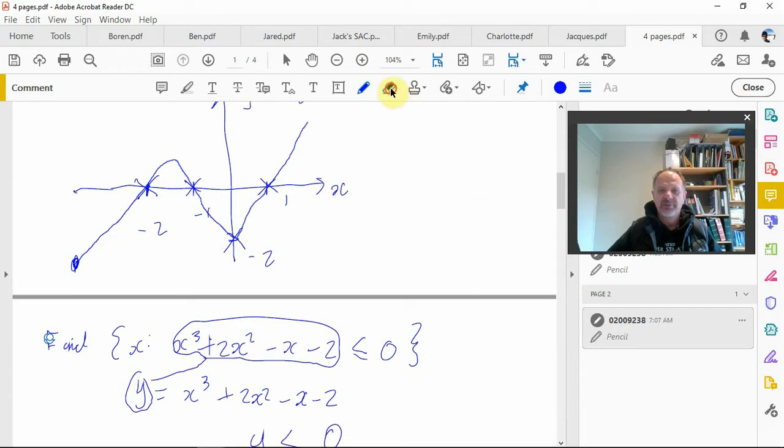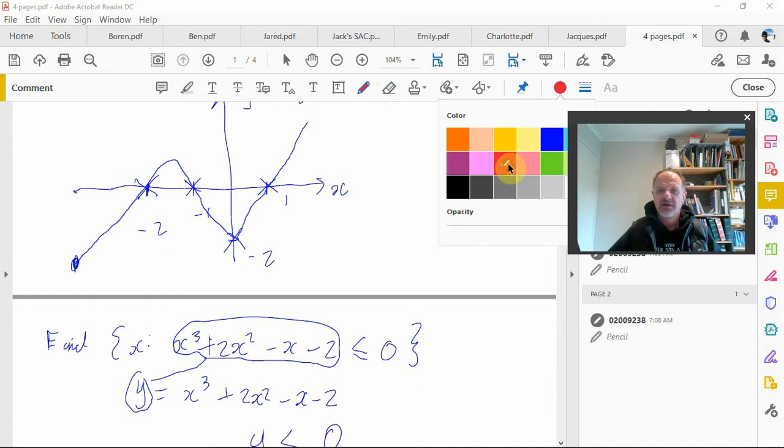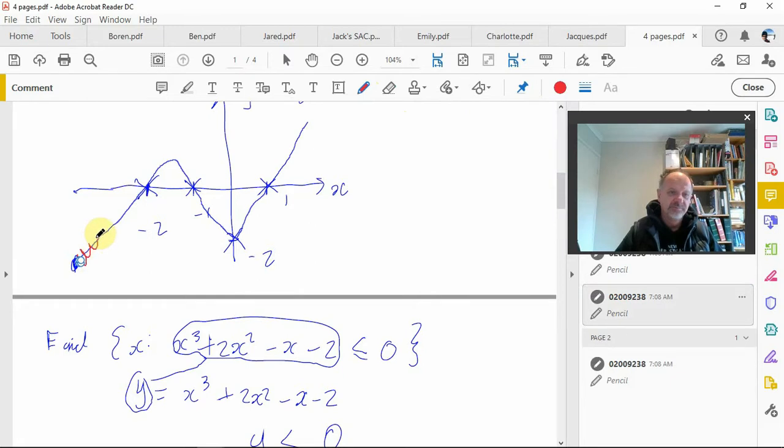So the graph being below the axis, let me change my colour, and I'm going to highlight it in red. So the graph is below the axis here, and it's equal to 0. So equal to 0 is on the x-axis there, and then here, and around to there.